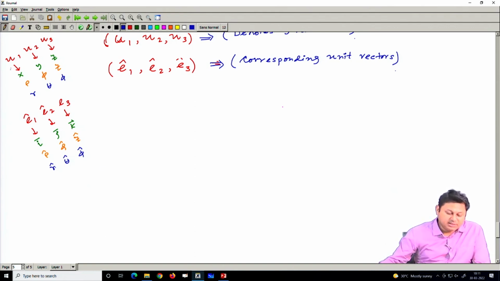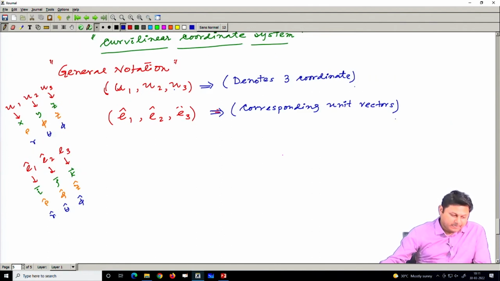So, e1, e2, e3 are the unit vectors and u1, u2, u3 the coordinates, and this is a general notation.